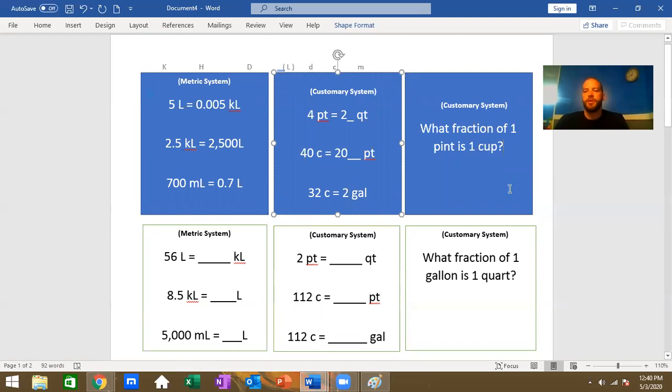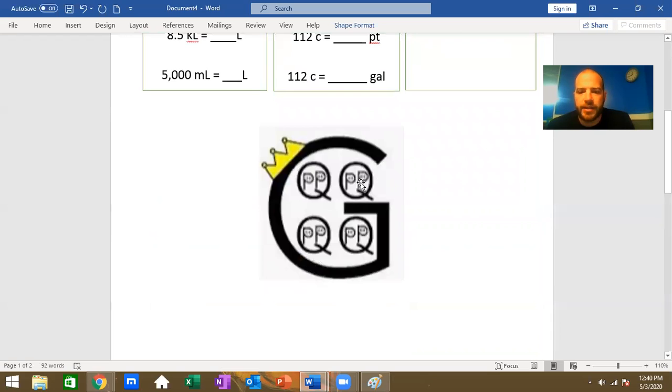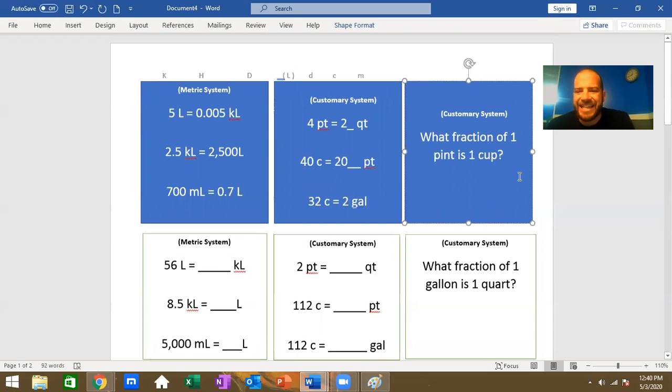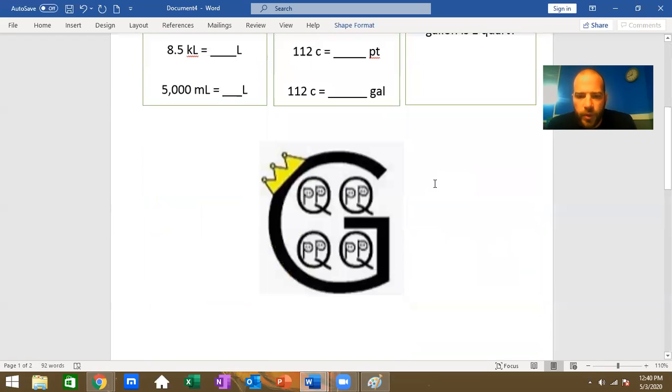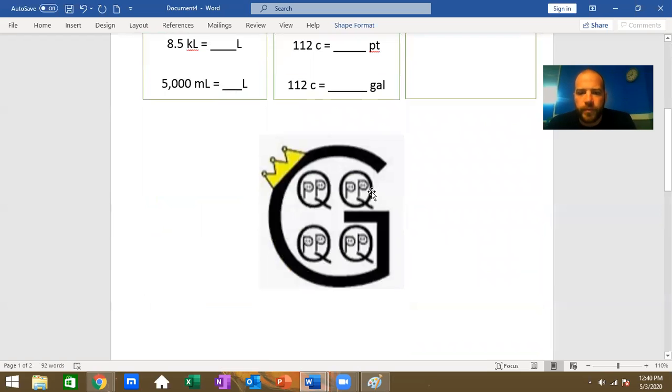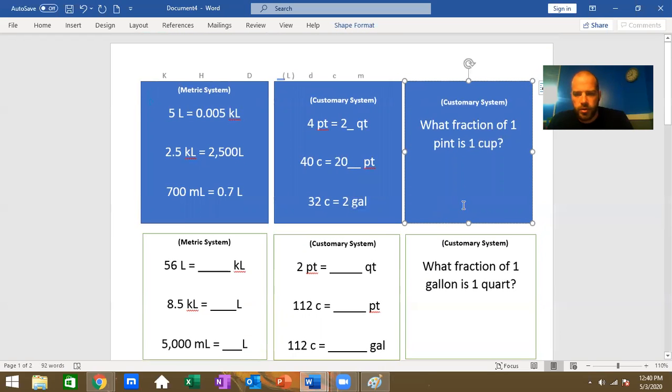And the last question, what fraction of 1 pint is 1 cup? What fraction is a cup of a pint? So the question is, how many cups make a pint? 2. 2 cups make a pint.